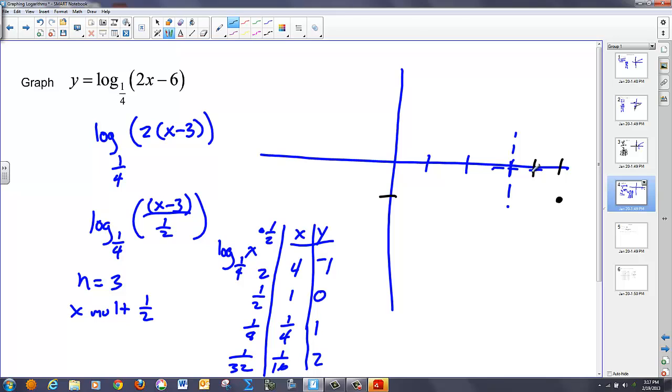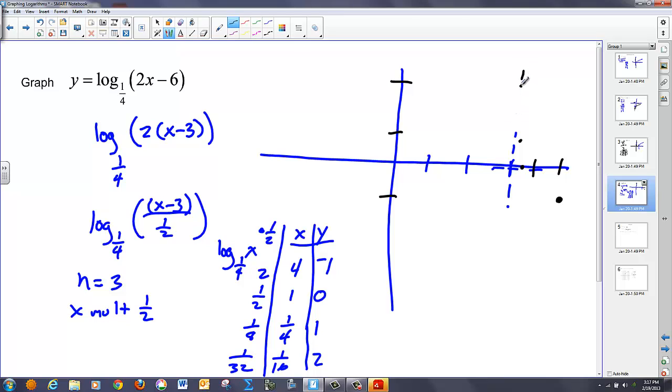I'll move over a half, which is right around here, and I'll move up 0. I'll move over an eighth, which is pretty tiny, and up 1. And I'll move over a 32nd and up 2.